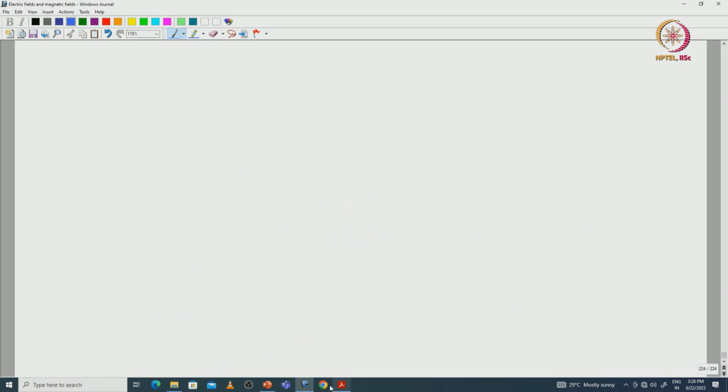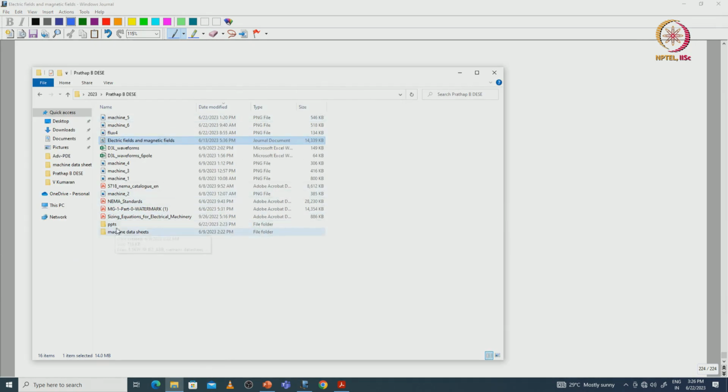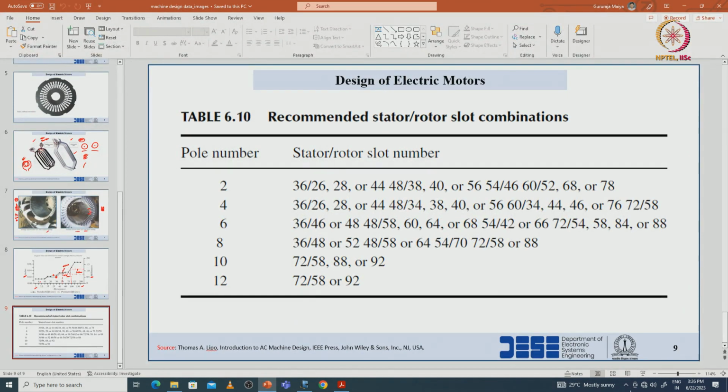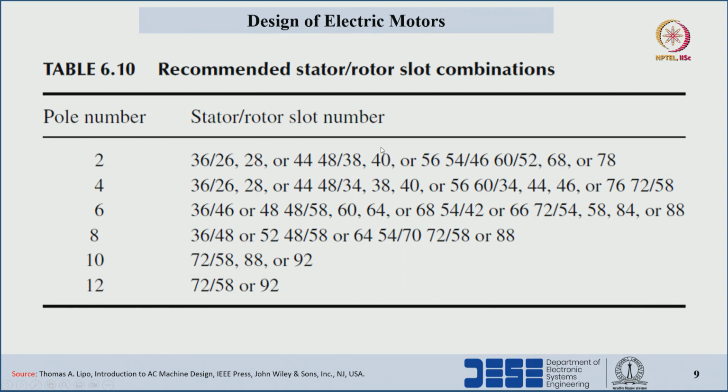We will see how to select the number of rotor slots. The standard number of rotor slots we will see now. These are the recommended stator and rotor slot combinations with respect to the reference. We can see here for 2 pole, 4 pole, 6 pole, 8 pole, 10 pole and 12 pole machines, how many stator slots, say a 36 slot frame.